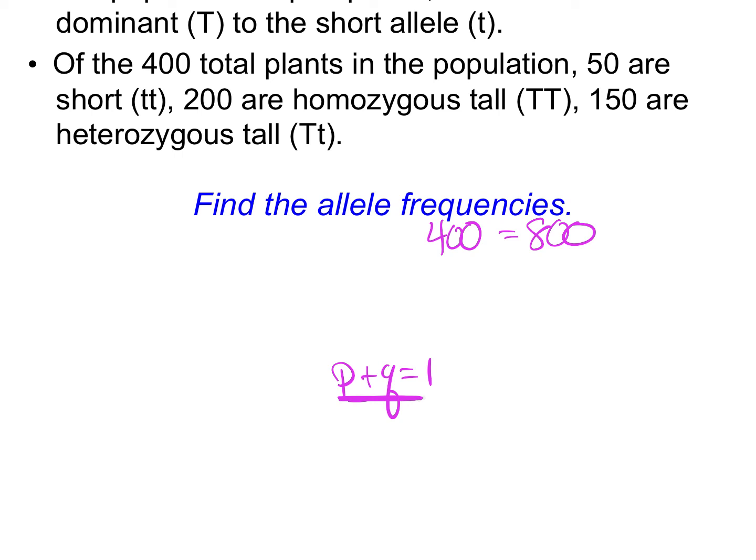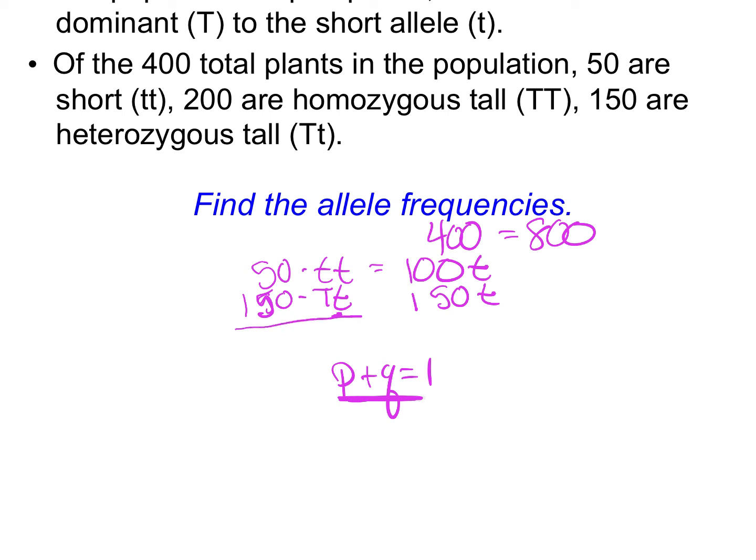Of those 400, 50 are little t, so I am able to contribute 100 little t's from the recessive plants. 150 of them are big T, little t, and each of those 150 plants can contribute 1 little t. So I have now 150 little t's. Now I want to figure out the frequency of my recessive alleles versus my dominant alleles.